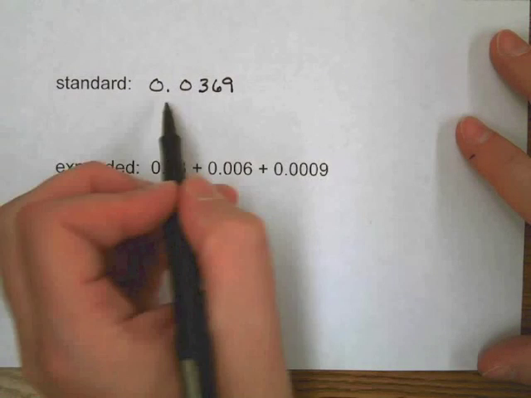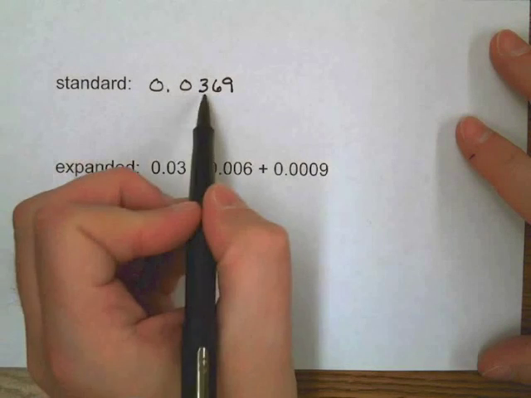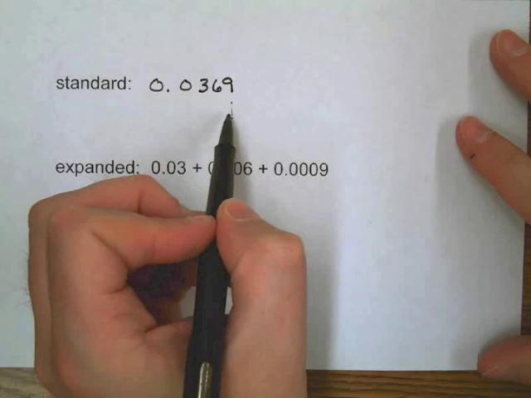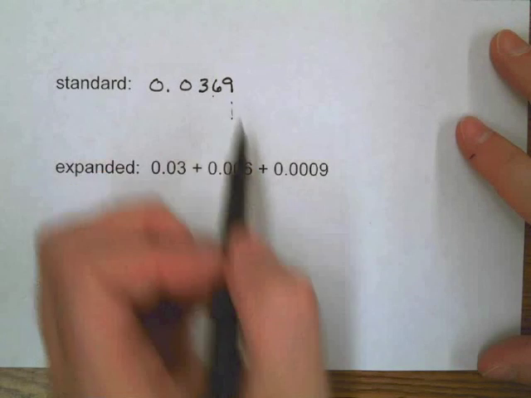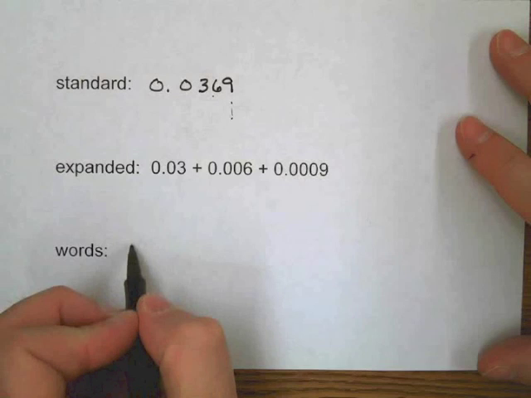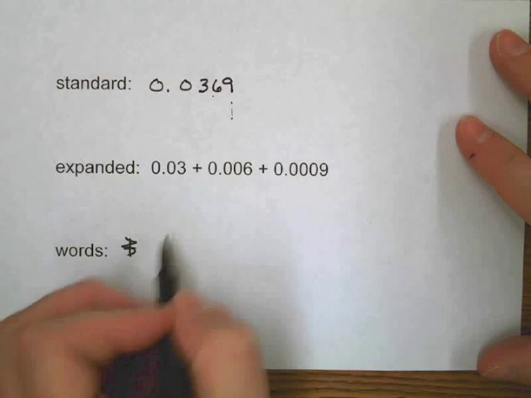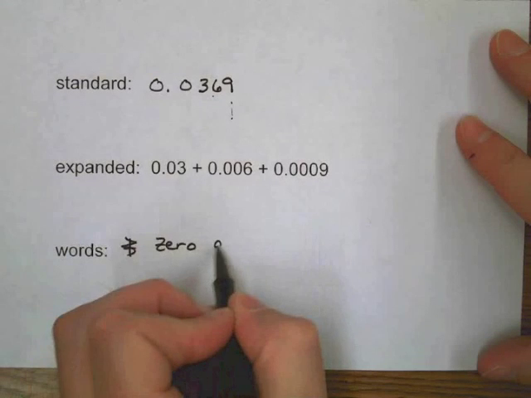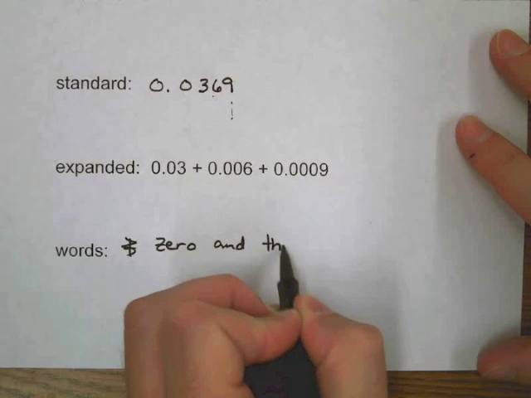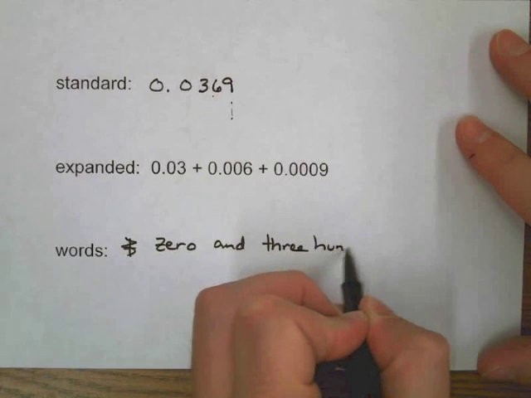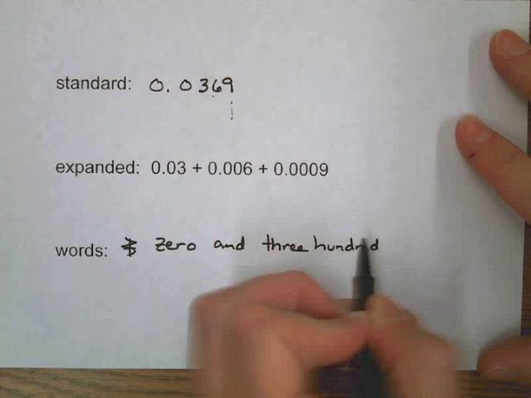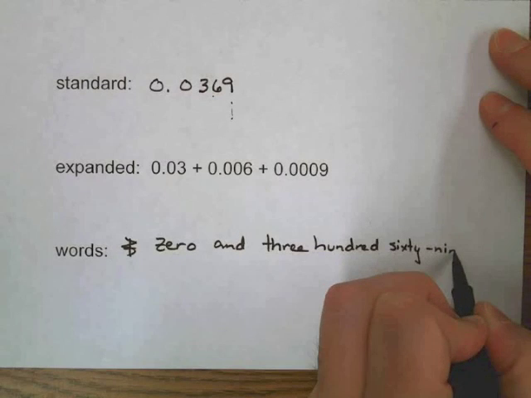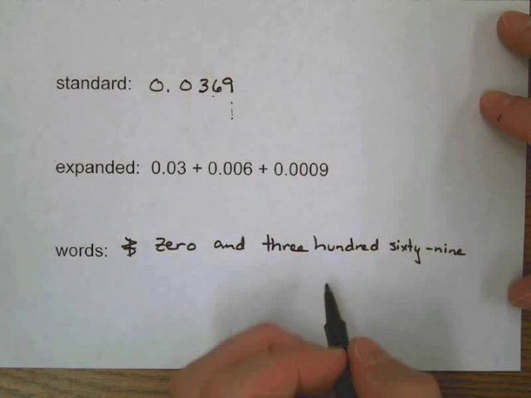Now in words, if I can read this, I can write it in words. Well, I have 369. My last place value is ten-thousandths. So I'd say 369 ten-thousandths. So actually I have 0, decimal point, and 369 ten-thousandths.